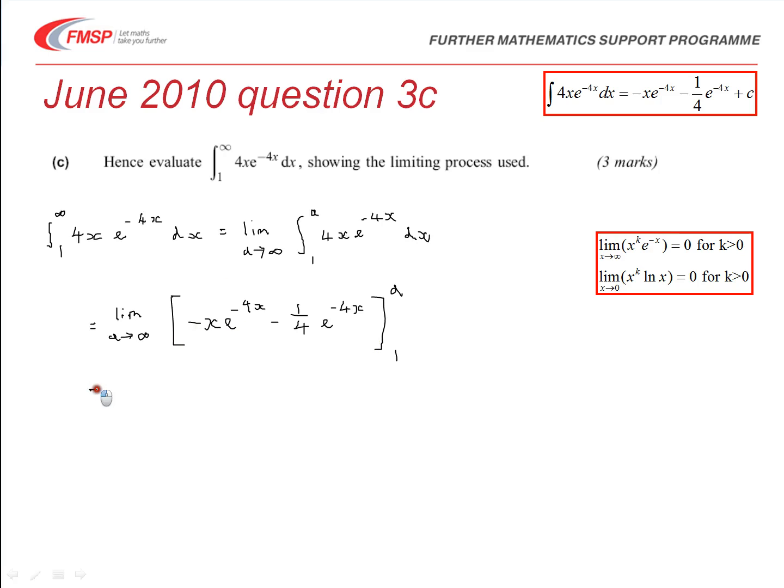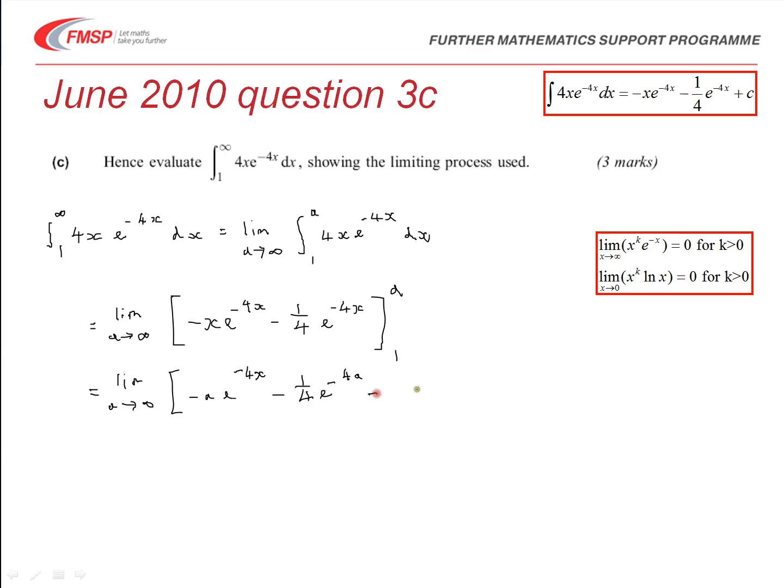So now we can substitute a and 1 into these, and we'll get the limit as a tends to infinity of minus a e to the minus 4a minus a quarter e to the minus 4a, and then we substitute 1 in, remembering we're subtracting both of these things.